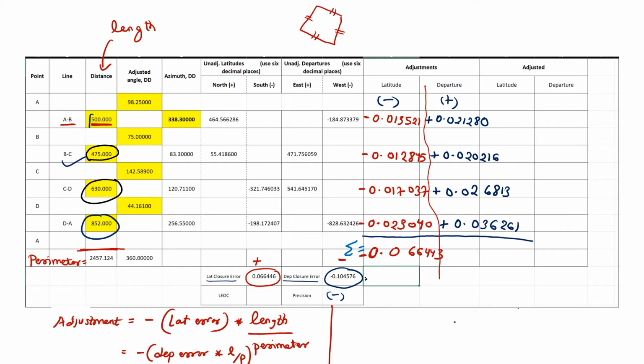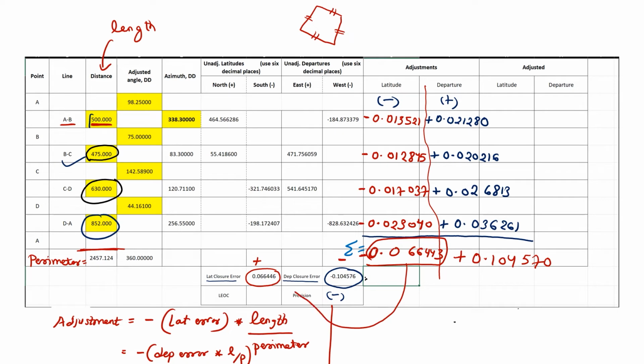And when I add all the departure, what do I get? 0.020216 plus 0.026813 plus 0.036261. So when I add all the departure, I get positive 0.104570.